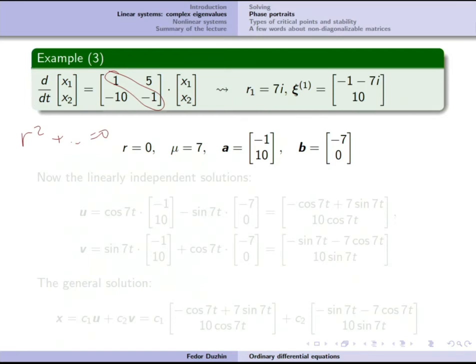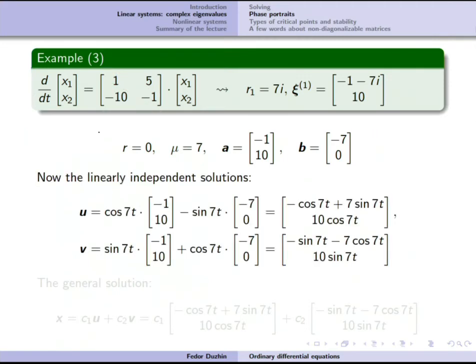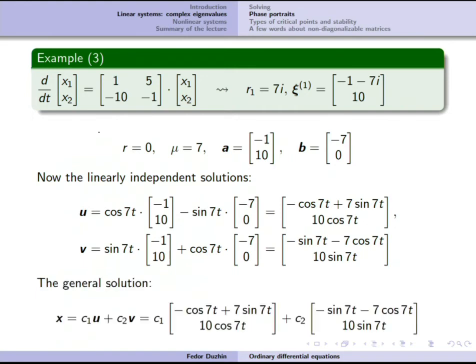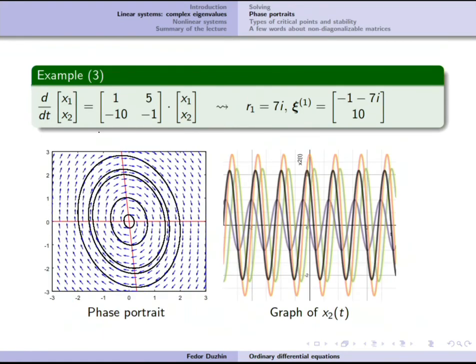The fact that the trace is 0 means that the eigenvalues are purely imaginary, and then the multiplier e to something t is just missing. So the trajectory contains just sine and cosine, a combination of sine and cosine. Of course, these are periodic functions, so as t goes to infinity, they're just moving around the origin. And here is what we see.